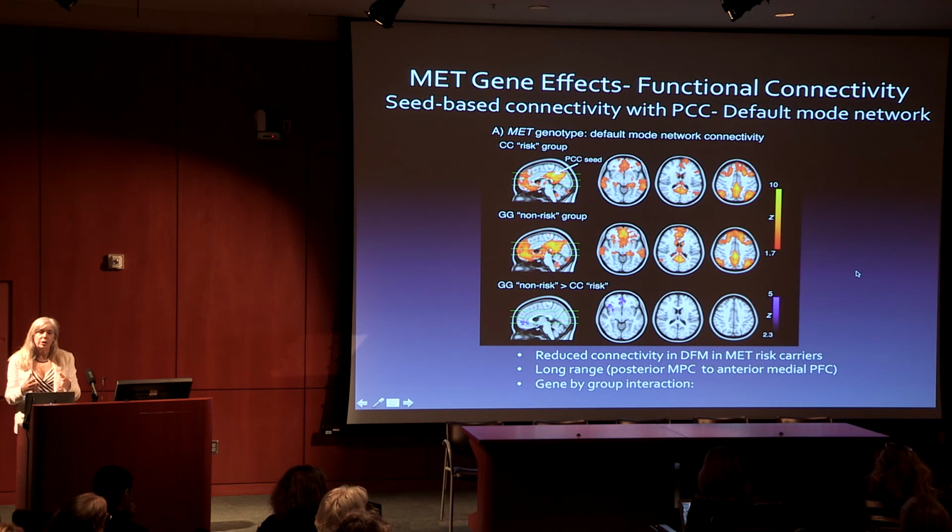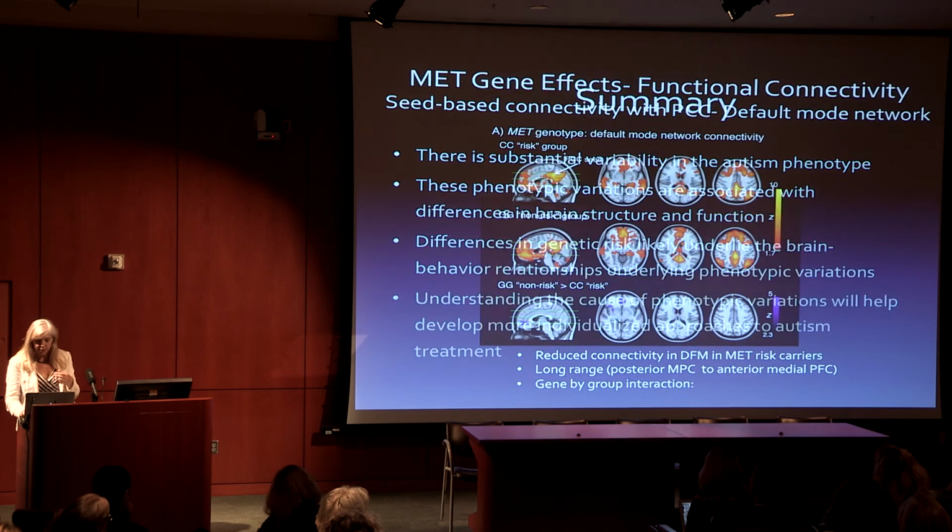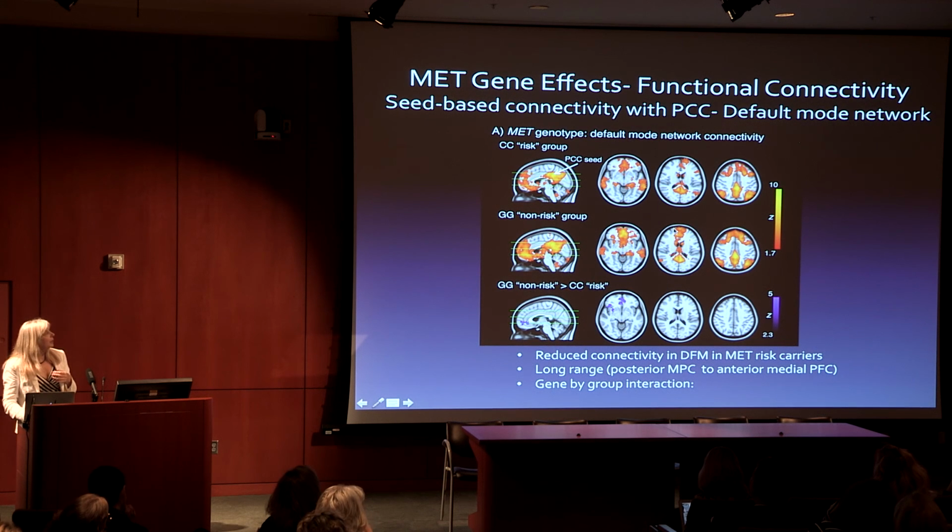I think more to the point of functional connectivity, this gene affects functional connectivity. When we put a seed region here and we ask the question, how is the rest of the brain connected to this critical area of the brain? In the risk groups and the non-risk groups, both have a certain amount of connection, but this is the difference between groups.